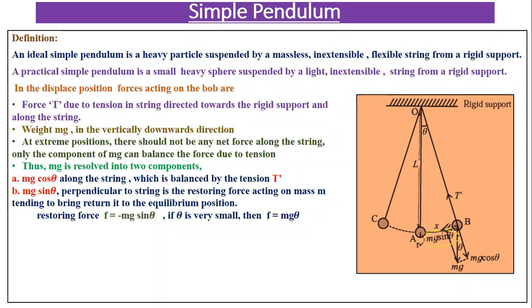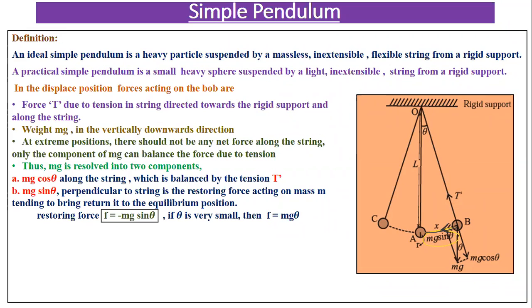So this mg sin theta we can write as the restoring force. So restoring force is equal to minus mg sin theta. The minus sign indicates that as this F, the restoring force, increases, theta decreases, meaning theta and F are oppositely directed. So the minus sign is here.